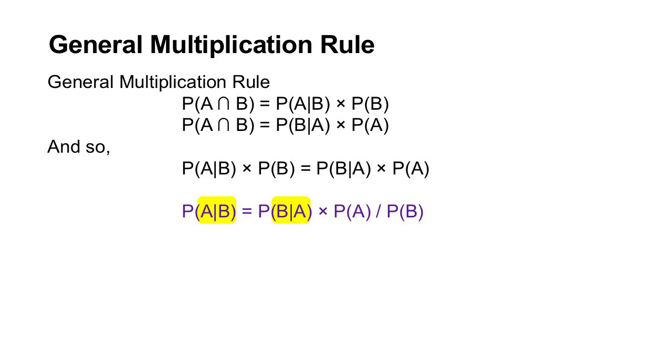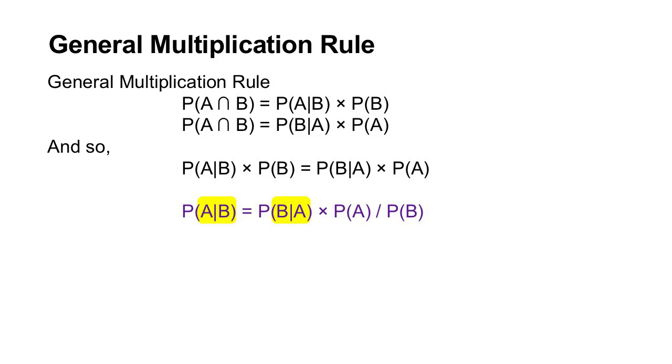The probability of A given B equals the probability of B given A times the probability of A divided by the probability of B. Notice on the left we have the probability of A given B, and on the right we have the probability of B given A.